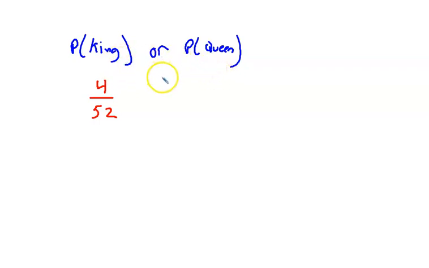There is a show named King of Queens, and King of Queens is a great show, but we are looking at cards right now. So there are 4 kings, so that means we're going to add the probability of getting a queen. There are also 4 queens out of 52, so 4 out of 52 plus 4 out of 52, and you could simplify those now or simplify them at the end. It doesn't really matter when you want to simplify those down.